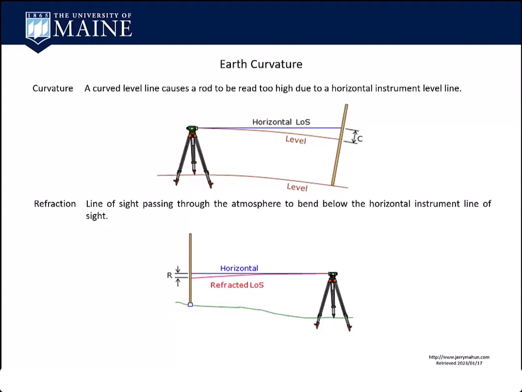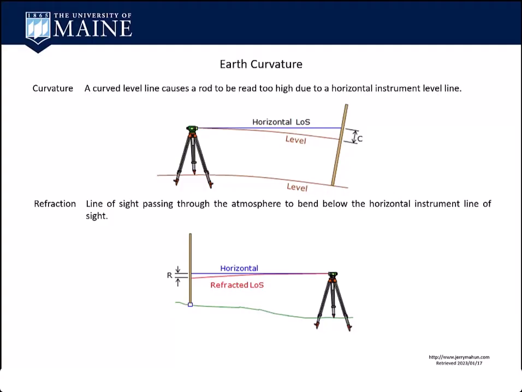So curvature, a curved level line, causes the rod to be read too high due to horizontal instrument level line, and the line of sight passing through the atmosphere to bend below the horizontal instrument line is refraction. So the level surface is below the horizontal of the instrument, and refraction is below the horizontal of the instrument.